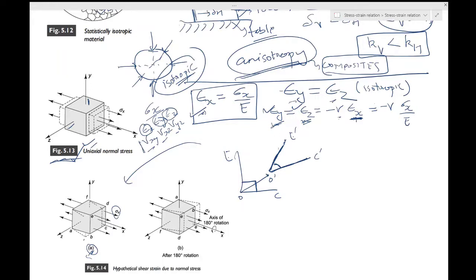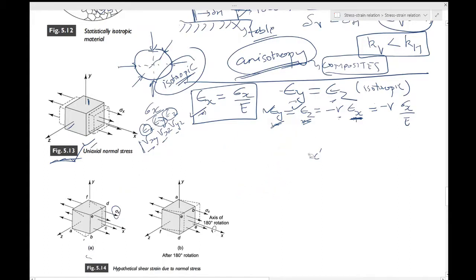So let's assume that a shear strain is present, as is shown in figure 5.4a. Now, if you rotate this element by 180 degrees, you will get B. So let's first see that this rotation has indeed happened. A has gone up over here.